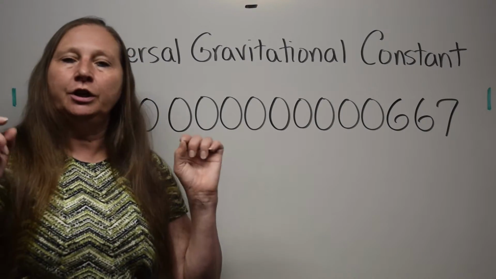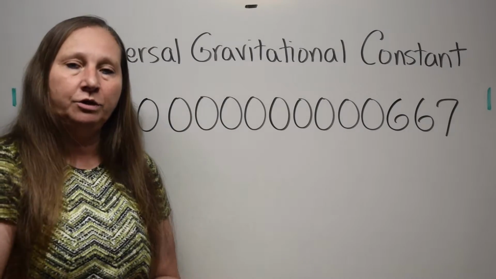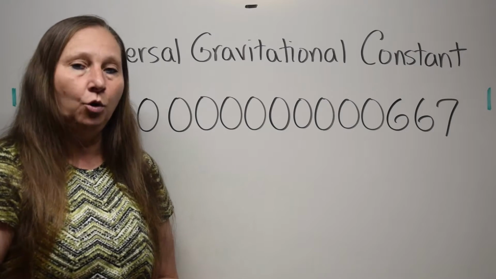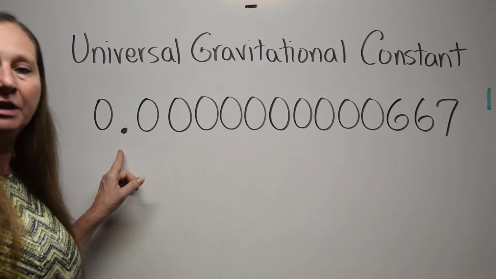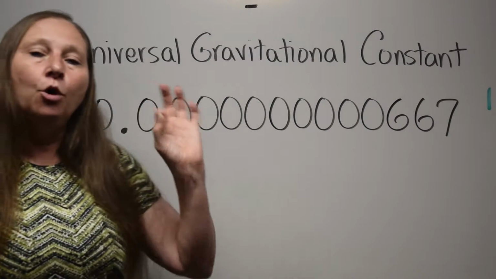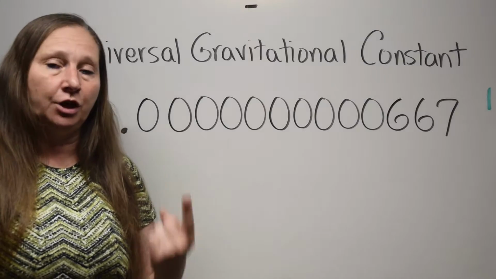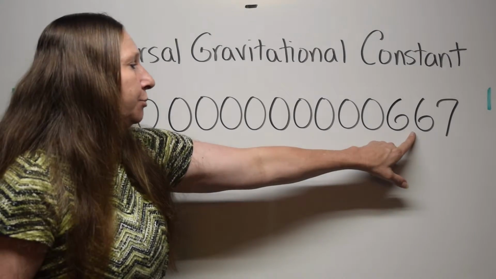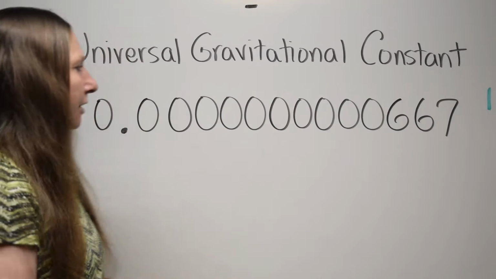Now, to convert this number to proper scientific notation, we follow the same rule that we just applied to Avogadro's number. We find the decimal point, and we move the decimal point one jump at a time, counting the jumps until the decimal point has only one number in front of it. Here we go.